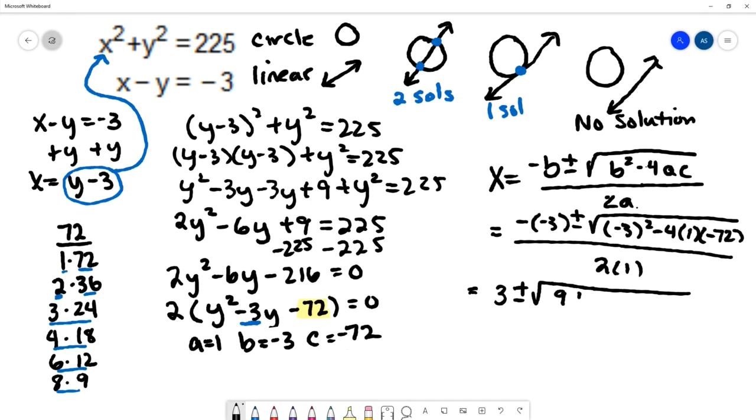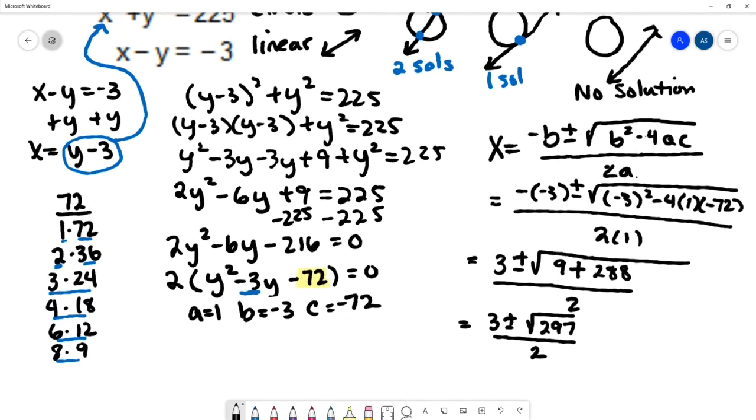A negative times a negative will be a positive, and we need to know what 72 times 4 is. That's 288. 9 plus 288 is 297. So we've got 3 plus or minus the square root of 297 over 2. Okay, that's our y coordinate.